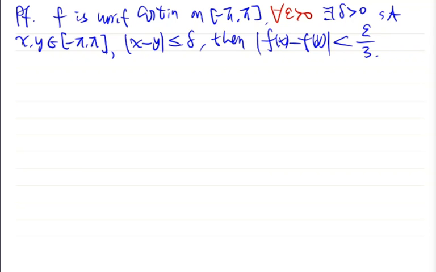So this is the interval [-pi, pi]. So we obtain, for any epsilon positive, we have such a delta.